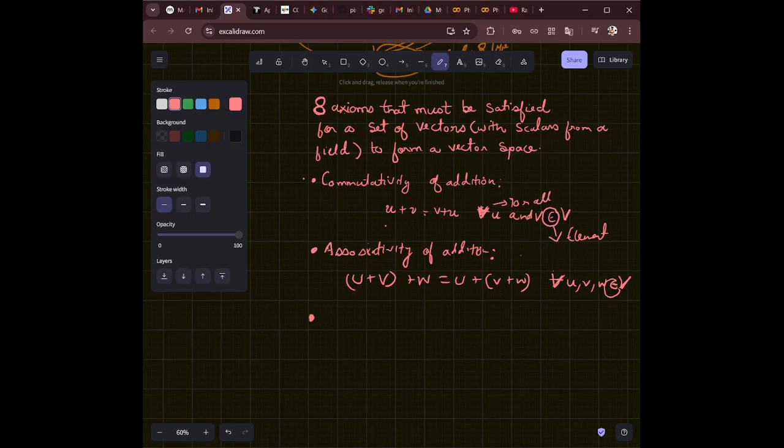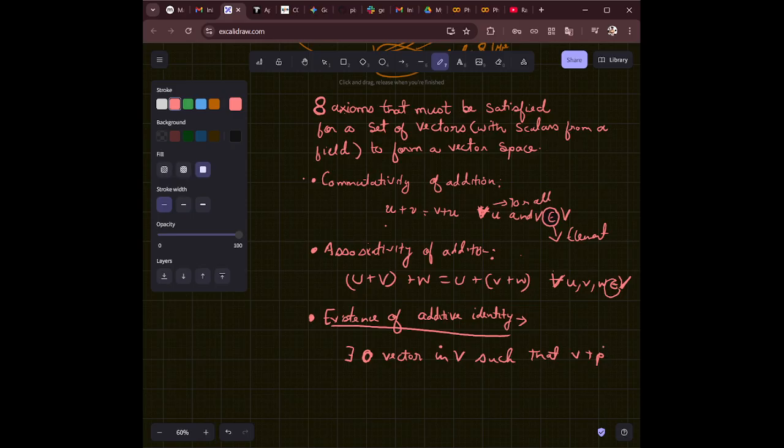So there exists a zero vector in V such that v plus zero equals v for all v in the set V.